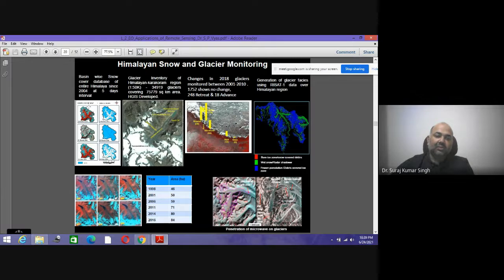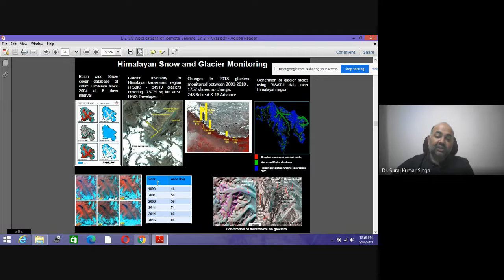So remote sensing helps you to identify the different kinds of glaciers, what are the changes that are happening in the glacier, the snout, what are the ablation zones, what are the lateral moraines. Each and every accumulation zone, ablation zone, and feature can be easily identified using satellite remote sensing, and we can see the amount of area that is changing over the decades.